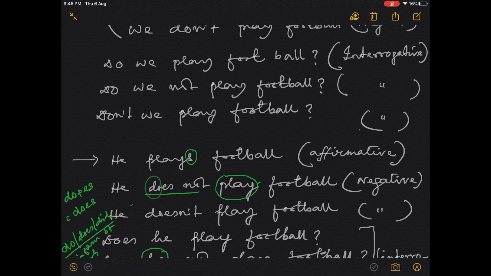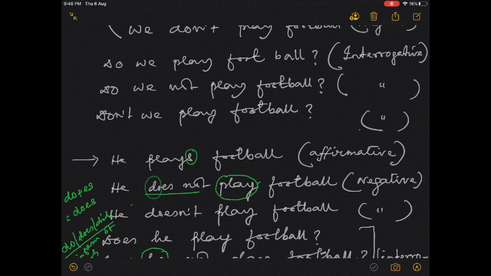And similarly, here do has taken the suffix es to render the same idea, that the subject is third person singular number. So, do has become does and plays has become play.